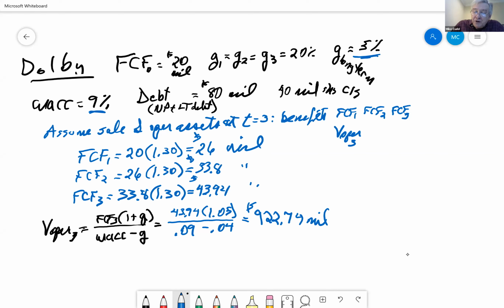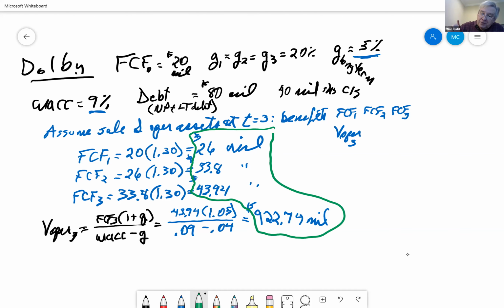So to find the value of the operating assets, we have to discount these future cash benefits in the way of free cash flow back to the present.